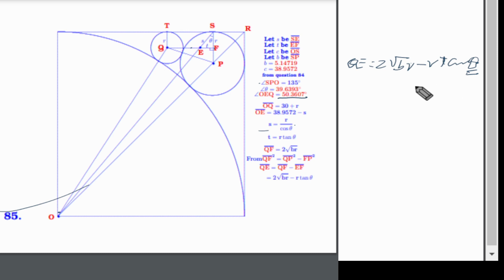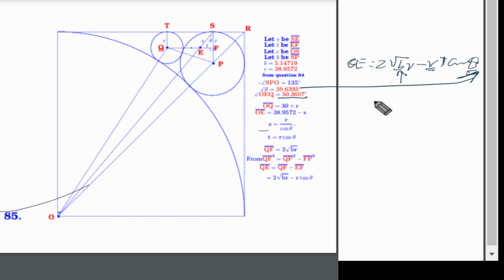The value of theta was 39.6393 degrees. And R is the value we are looking for. And B is 5.14719, which we got in the previous case.